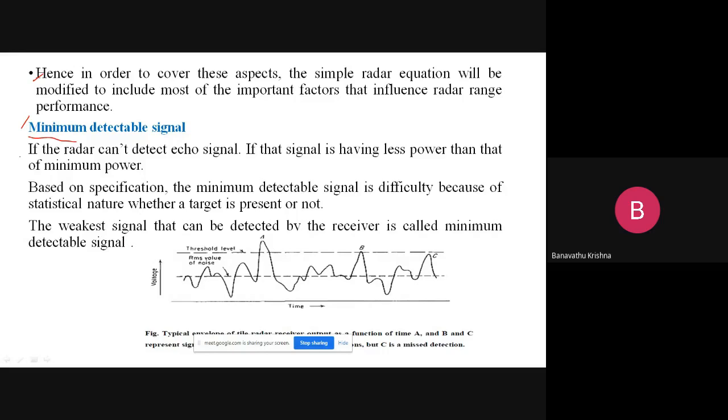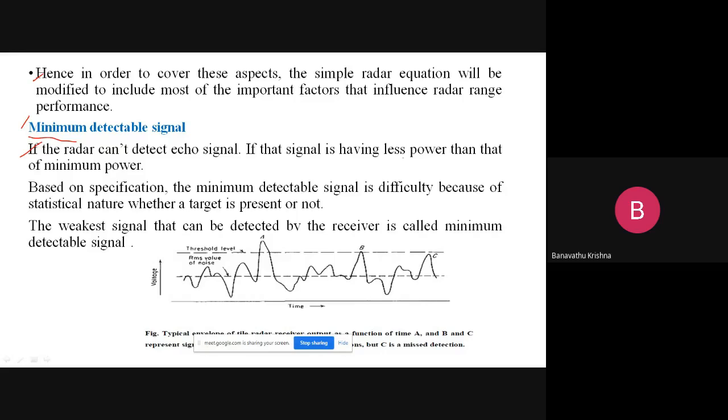The weakest signal that can be detected by the receiver is called the minimum detectable signal. The first point is that the radar cannot detect the echo signal if that signal has less power than the minimum power. Why can the radar not detect the echo signal?